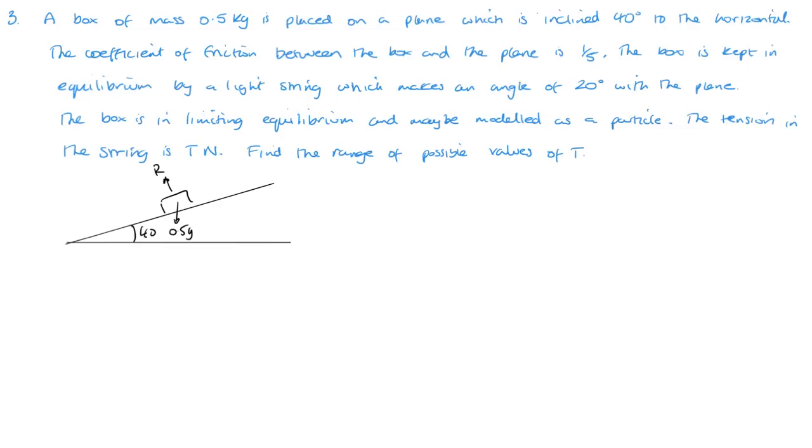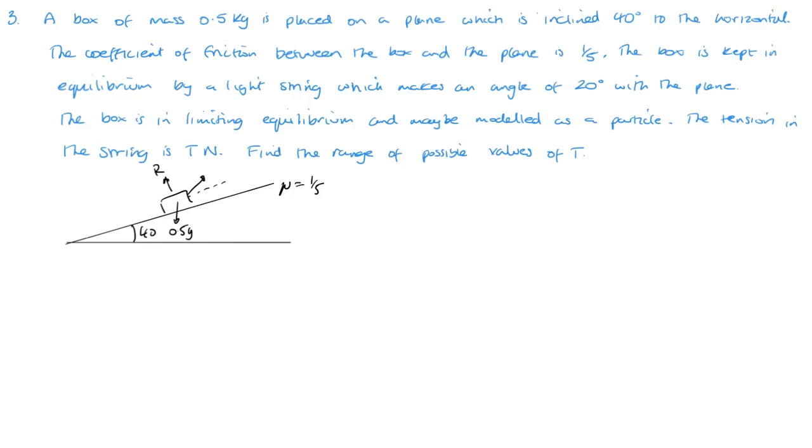The coefficient between the box and the plane is 1/5. The box is kept in equilibrium by a light string, which makes an angle of 20 degrees to the plane. Okay, so that means that with the weight pushing down, the string must be acting up the slope here.